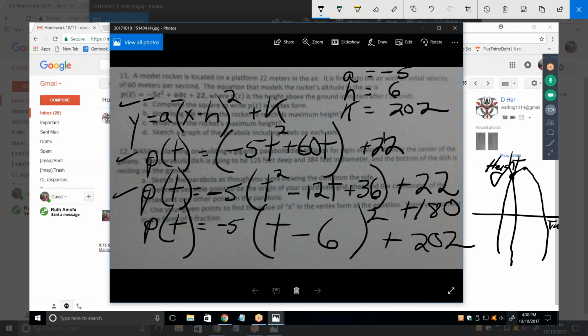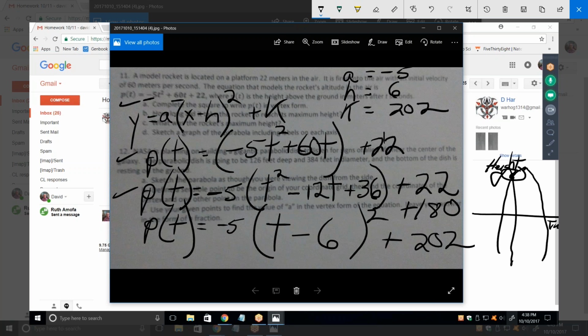Well, the y-intercept's much easier to figure out. First of all, what is t on the y-intercept? What's the t-coordinate right here? Time is the horizontal coordinate. What is it? 0. Okay, so plug in 0 for t, and now you have minus 5 times minus 6 squared, which is 36.